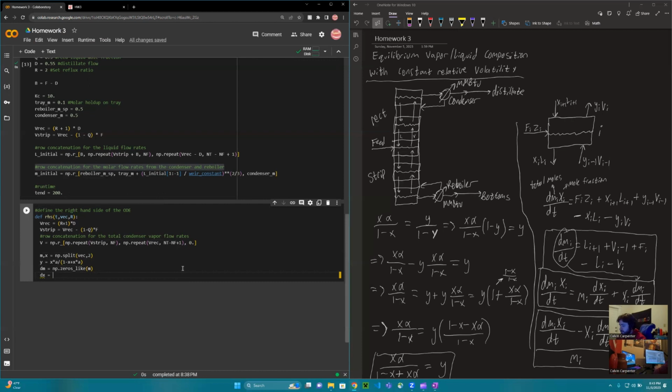Dx is equal to np dot zeros like x. And then dmx is equal to the same thing that dm is equal to. Then L is equal to the same thing that dmx is equal to.